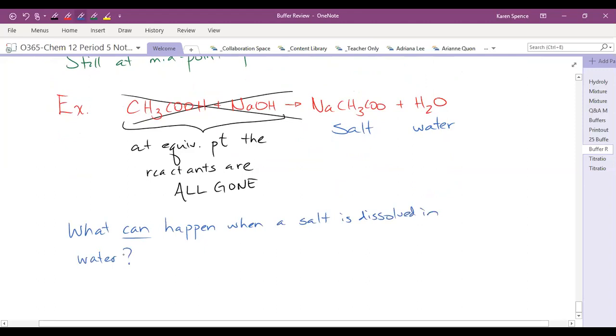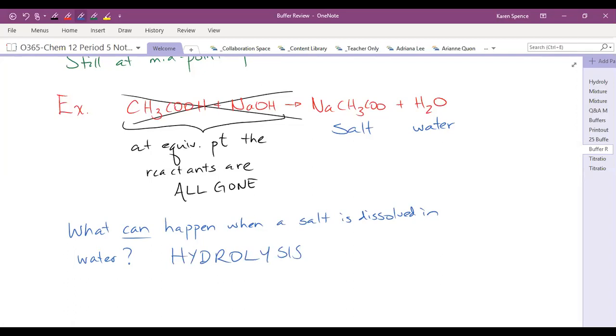What process? Hydrolysis. Okay, so back when we had our strong acid, strong base, we produced a salt that did not hydrolyze.